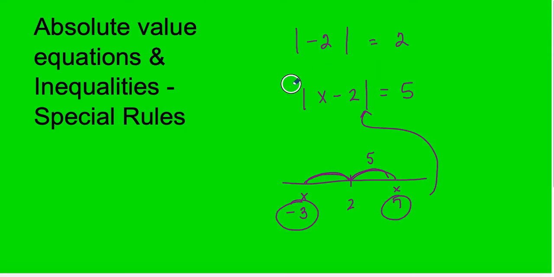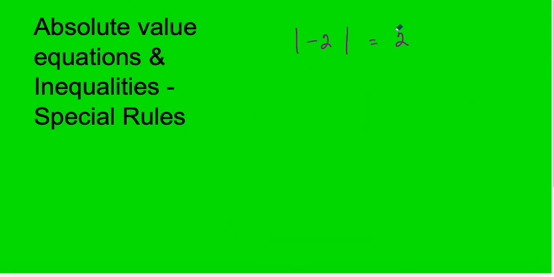But let me think then, if distance is always positive, could this ever be true? Is there any number that x could be that when you take its absolute value will equal a -2? And remember, equals means is the same as.